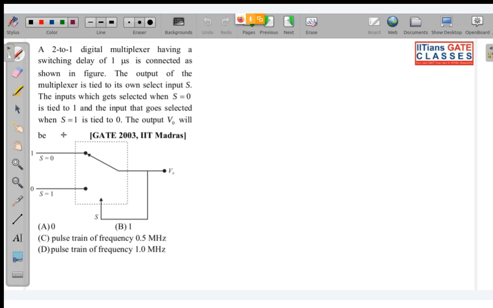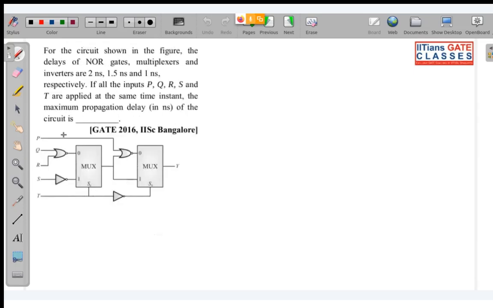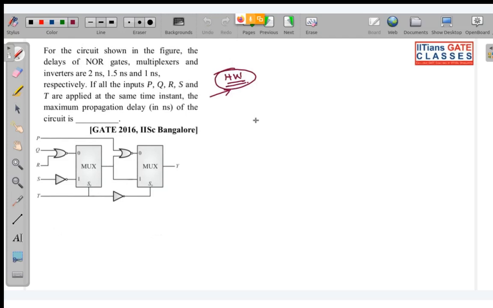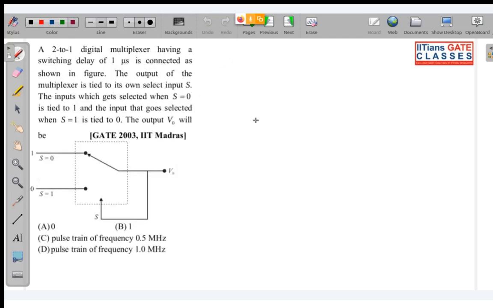I want an answer for this question. The next question, I will give it as homework. This is a very good question and I want you to think about it. Don't copy it from somewhere. Don't look for solutions. So this question we will solve in the next class. This is a very good concept. But I want you to solve this question right now.